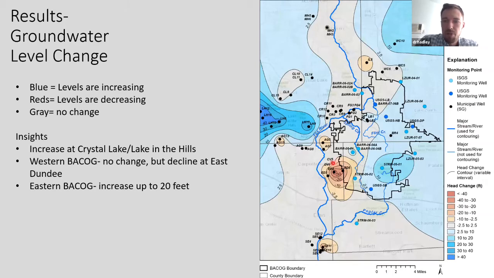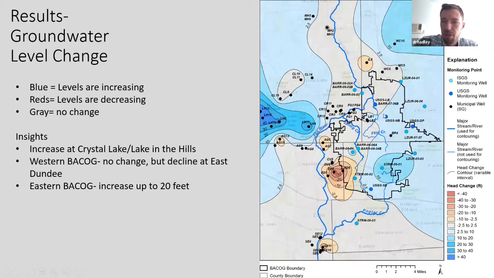But there are also some declines here, like at East Dundee and at Algonquin. And so this is perhaps indicative of more water use at the time. Even though the wells were off, they could have been using the aquifer enough that regionally the levels were depressed at the time that they were measured.